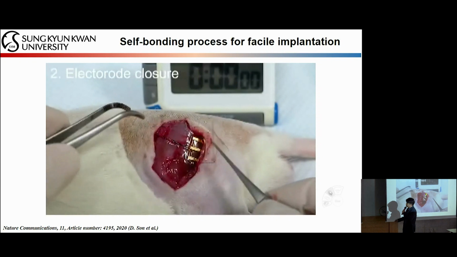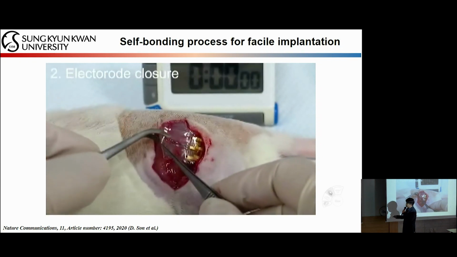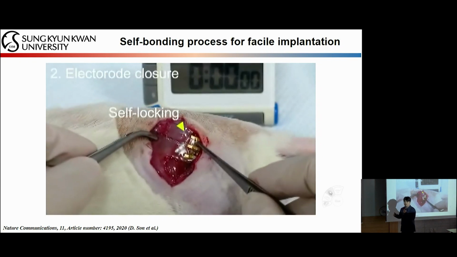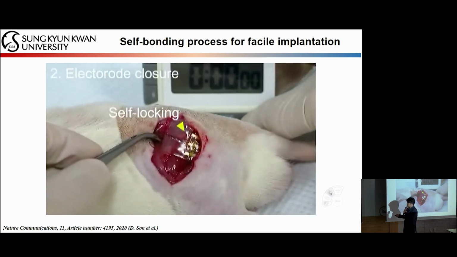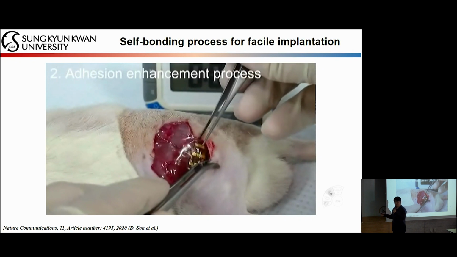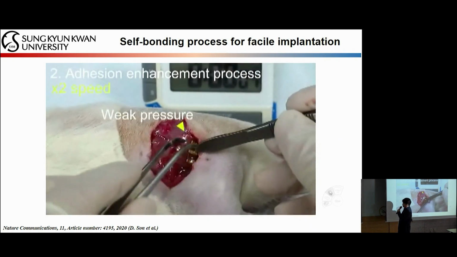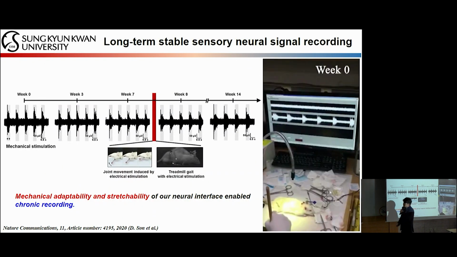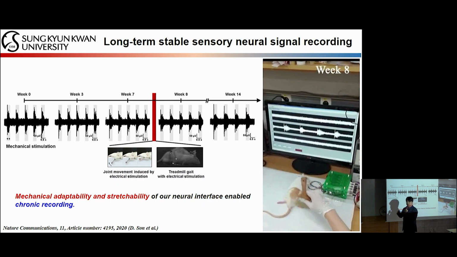So here's a movie. This is the sciatic nerve of a rat. We can just wrap the sciatic nerve. This surgery is finalized within almost 1 minute. This is very simple. Also, we can monitor the pure sensory signals while brushing the rat's sole.